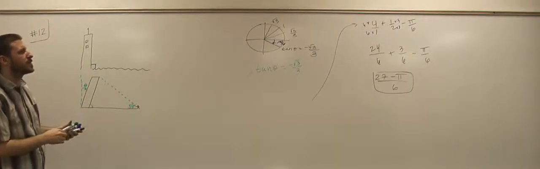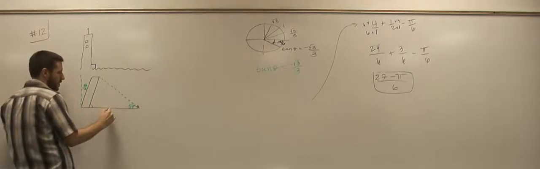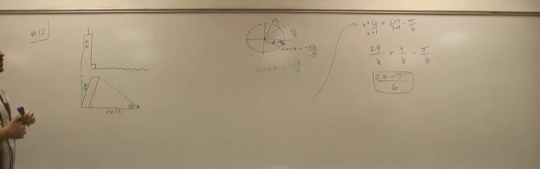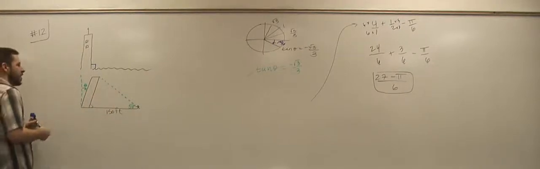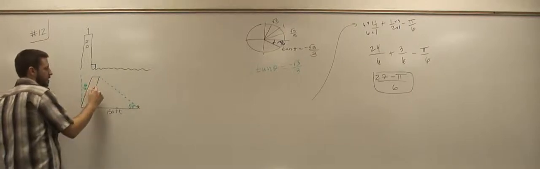Oh no, it doesn't tell you where he's standing. Oh no, he's standing 150 feet, it does tell you. So he's standing 150 feet from the base of the tower. And then the tower is 179 feet tall. So 179 is going to be this side of the triangle right here.